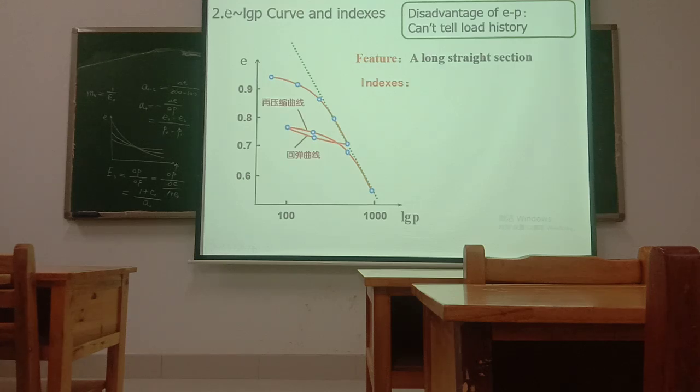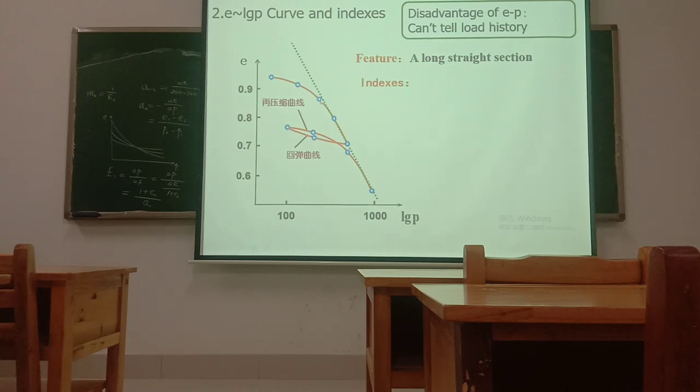The e-p curve or e-log p curve both indicate the soil compressibility, but using the e-log p curve, the load history influence can be indicated in the curve.